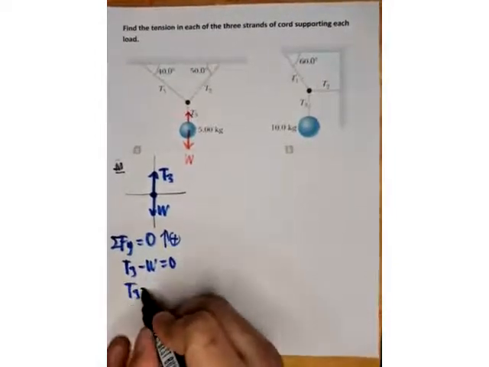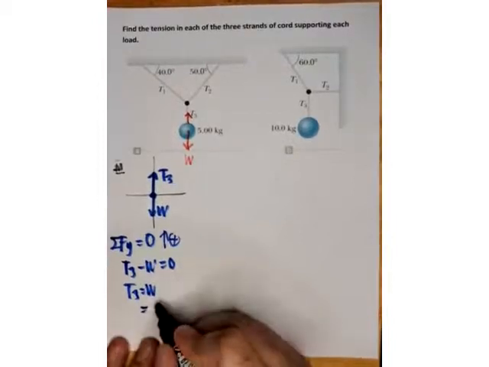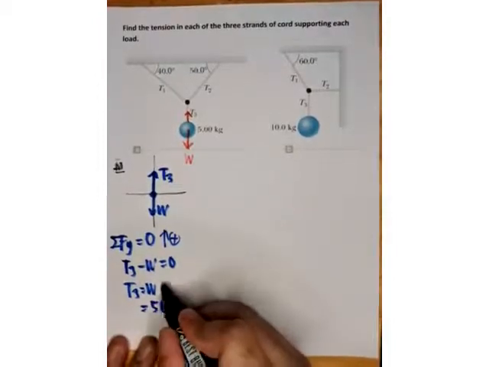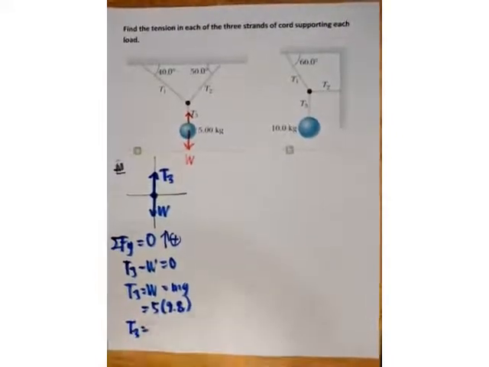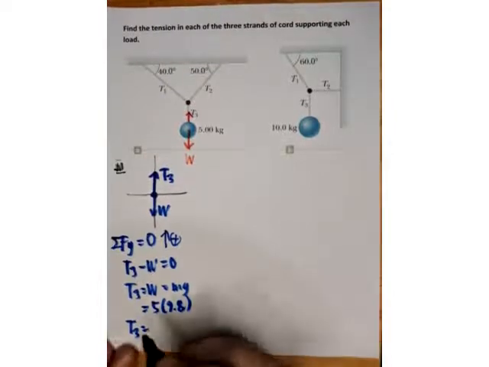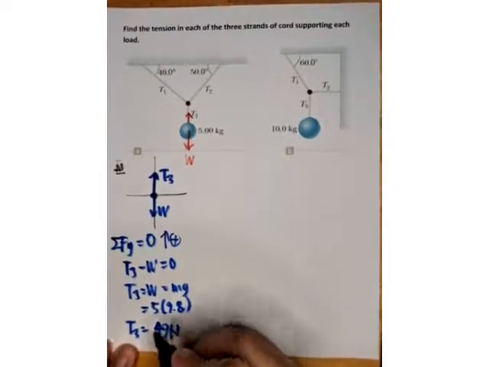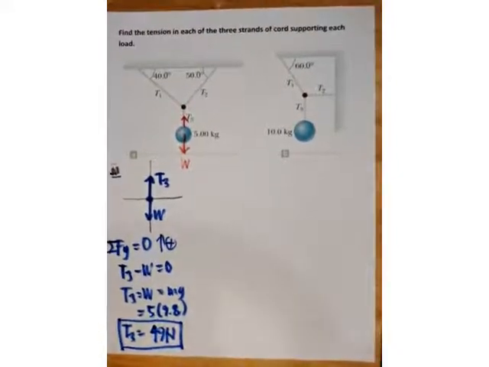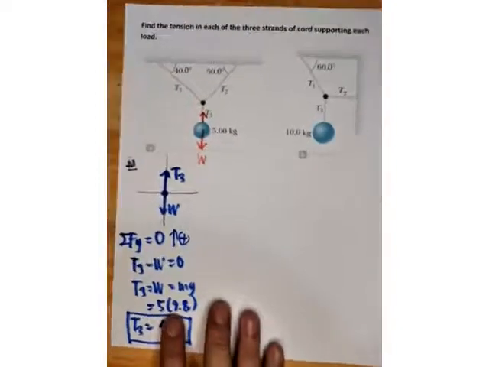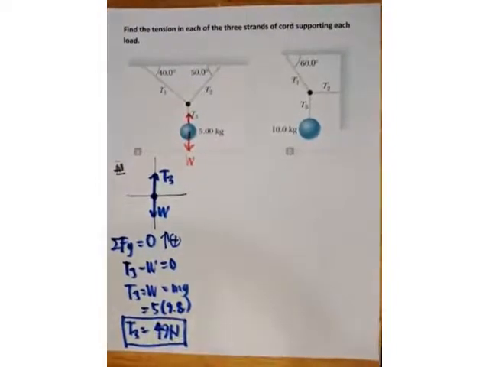Tension 3 is equal to weight, which is mass times gravity, 5 times 9.8, so tension 3 is equal to 49 newtons. Tapos na tayo dito.